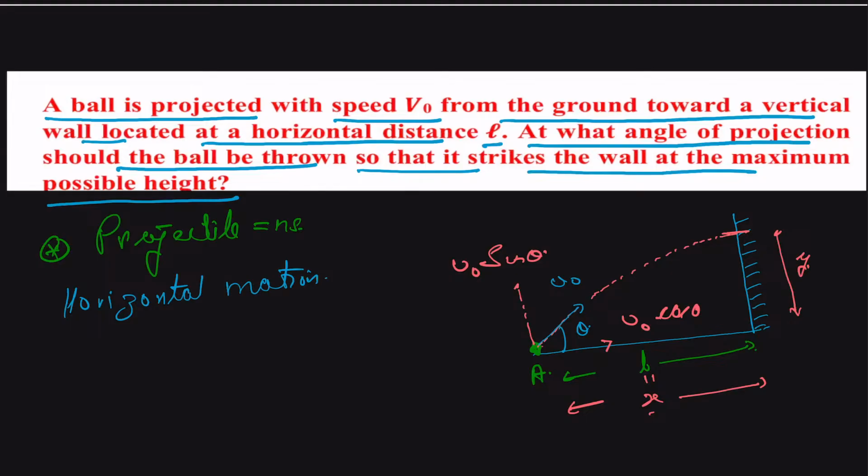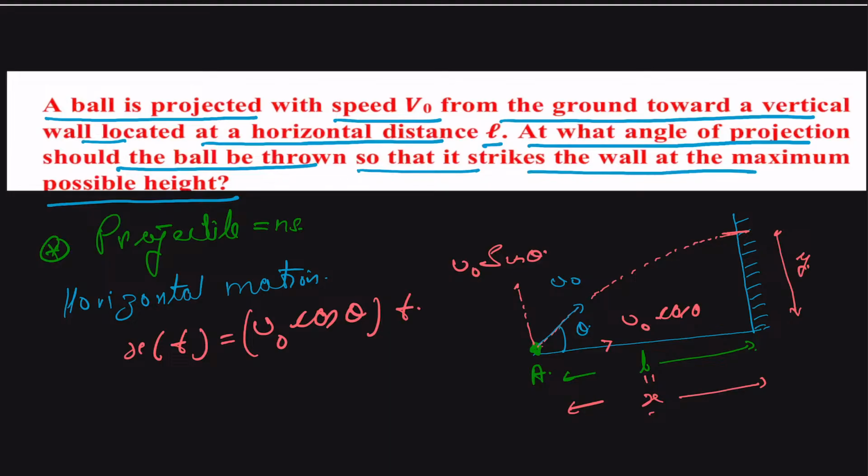The distance we assumed is x, which is dependent upon t, and that will be equal to our horizontal velocity, v0 cos theta, multiplied by t, where t is the time taken to cover this horizontal distance.